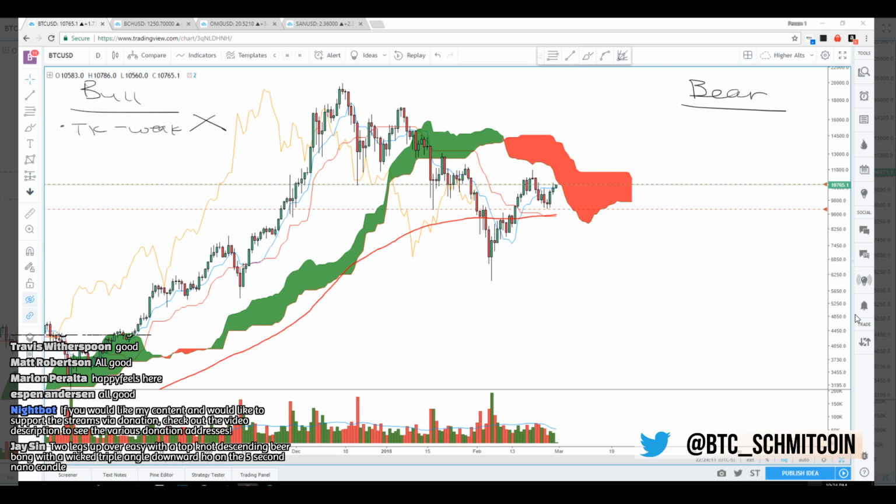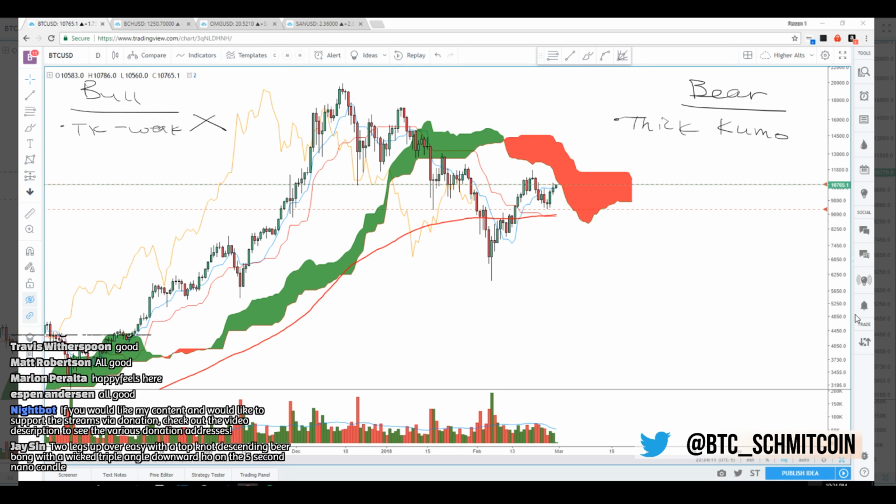Okay, bear. So right now we've got a thick red Kumo, which is this guy. We're nowhere close to even seeing a bullish twist, which would be this, but just in reverse, right? So as the cloud consolidates, we see a twist, and then it becomes bull again. We're nowhere close to seeing that. So thick Kumo.